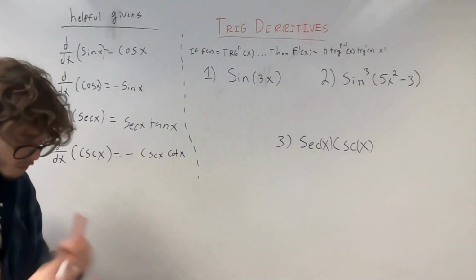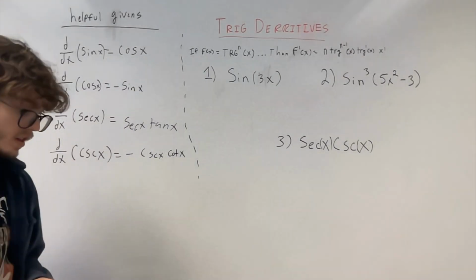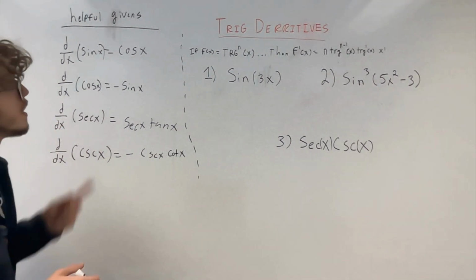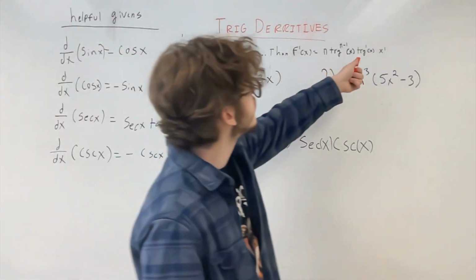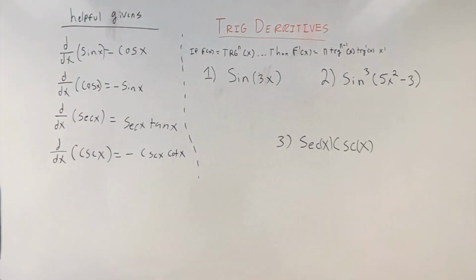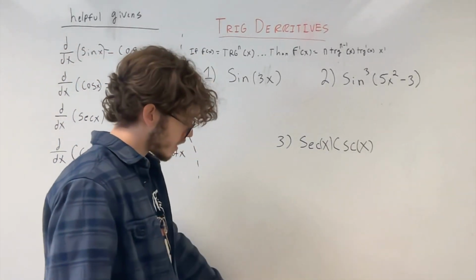In your class, you will 100% be given these here. And probably a little more too, like say for example cotangent or the derivative of tangent, stuff like that. You'll probably be given a whole sheet. So we take the derivative of the trig function, and then we take the derivative of the inside portion of that trig function.